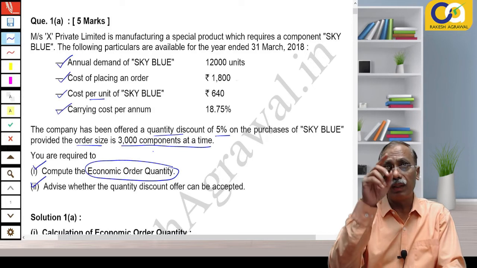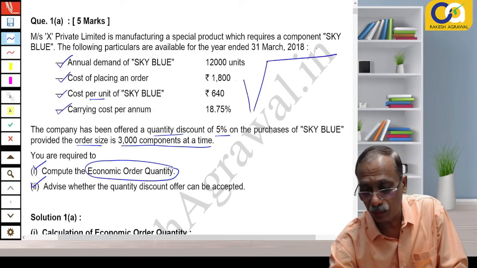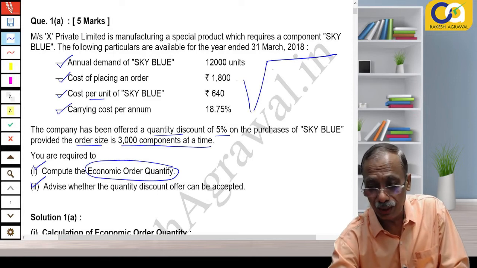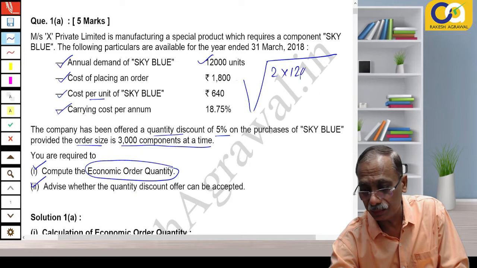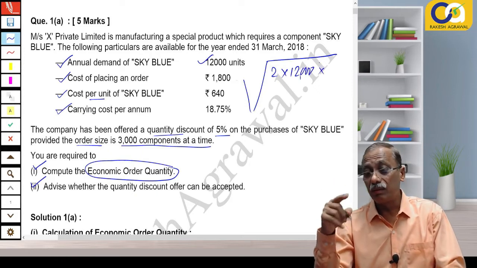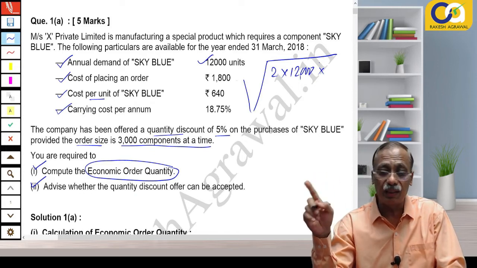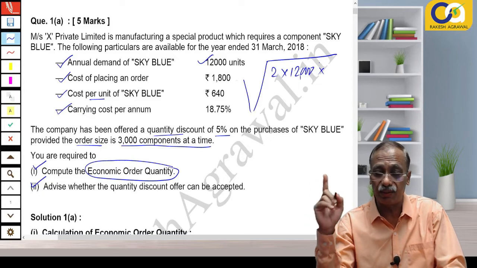This can be calculated using Wilson's square root formula. You know this formula is 2 into your annual requirement. Annual requirement is 12,000. I'm assuming that you have all studied this subject in the regular batch and now it is only a revision through paper discussion.